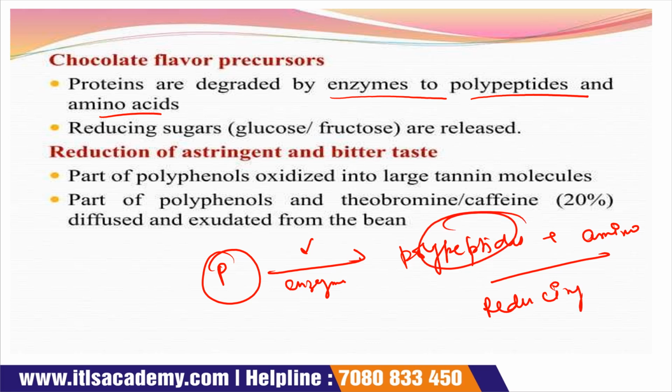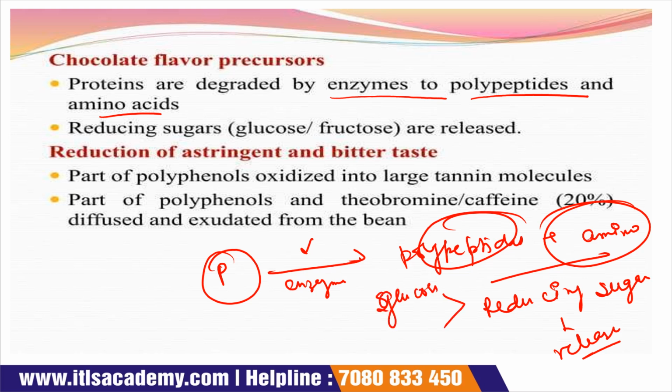When these polypeptides and amino acids are formed, reducing sugar is released during this process. Okay, and what is the reducing sugar? Either glucose, or fructose.